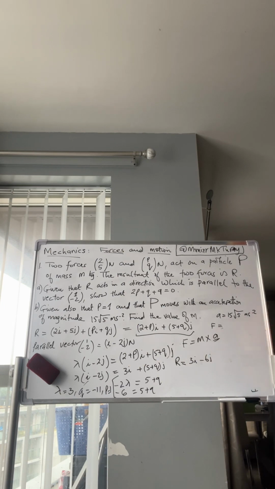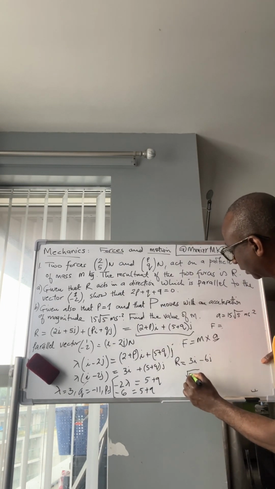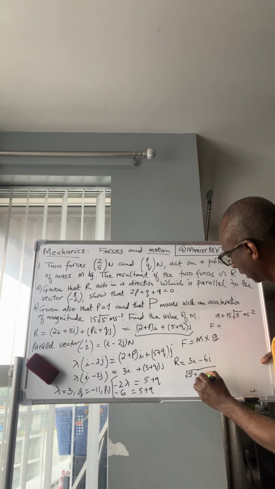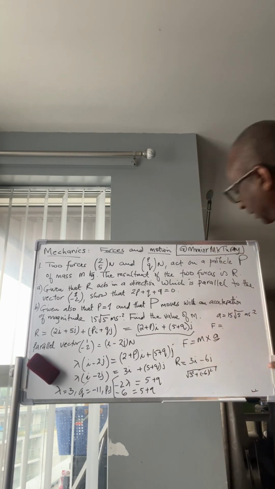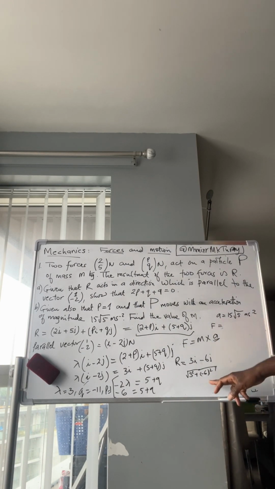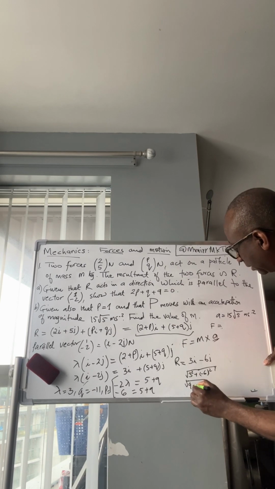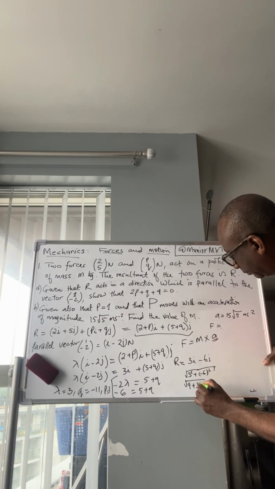To find its magnitude, it is the root of 3 squared plus minus 6 squared. That's the magnitude of the resultant force. What does that give us? The square root of 9, 3 times 3 is 9, plus minus 6 times minus 6 is 36.